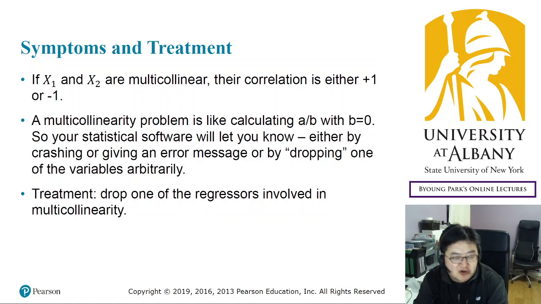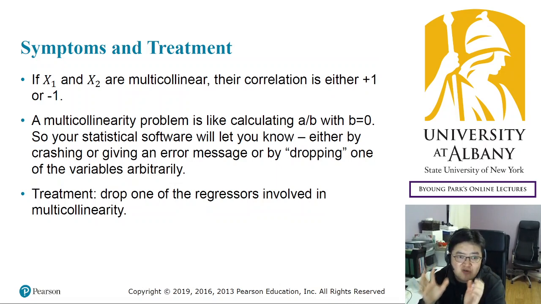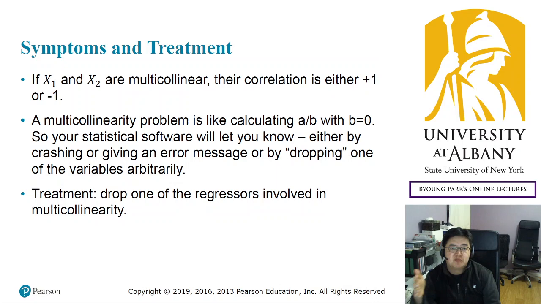So we learned the basic idea of the multicollinearity problem. When multiple regressors have a linear relationship, a perfect linear relationship, then you cannot use them together. And then how can we tell if the data or the regression model has this problem or not?